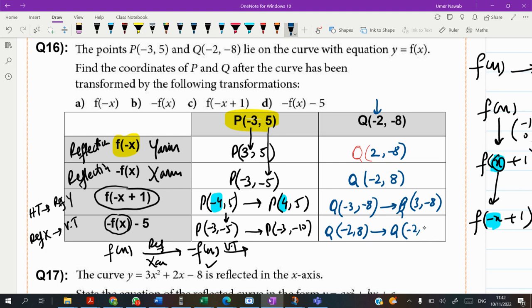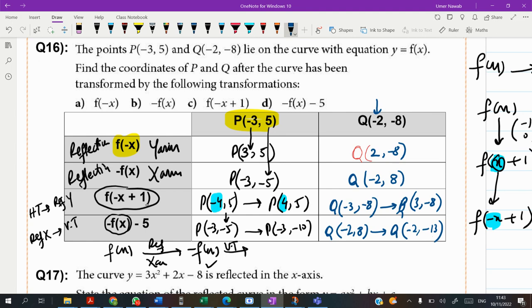So -2 and with the vertical translation, I'm going to go -2, -13. I hope it clears to you guys. The x coordinate is not changed. First of all, I change the y coordinate, so -8 becomes 8, and from 8 I need to go further 5 down, so that is -13.